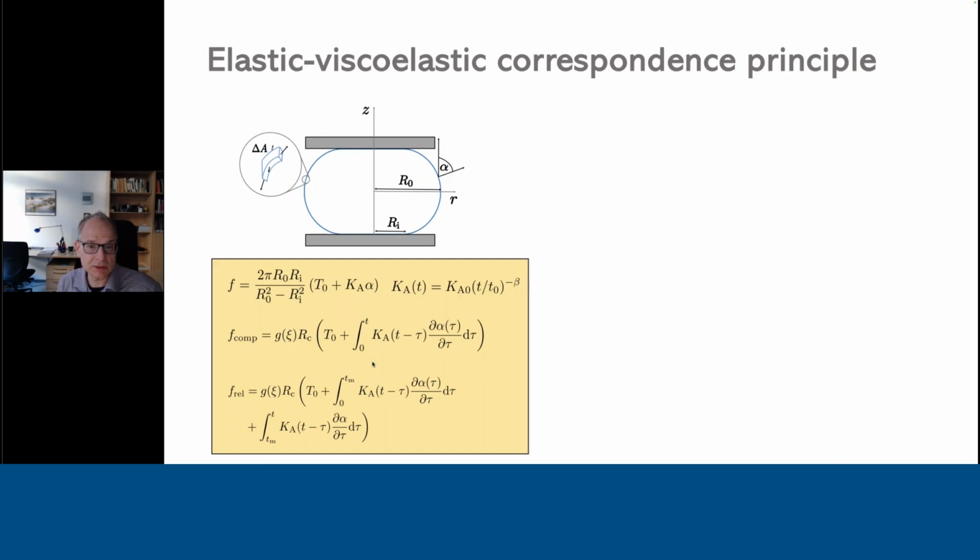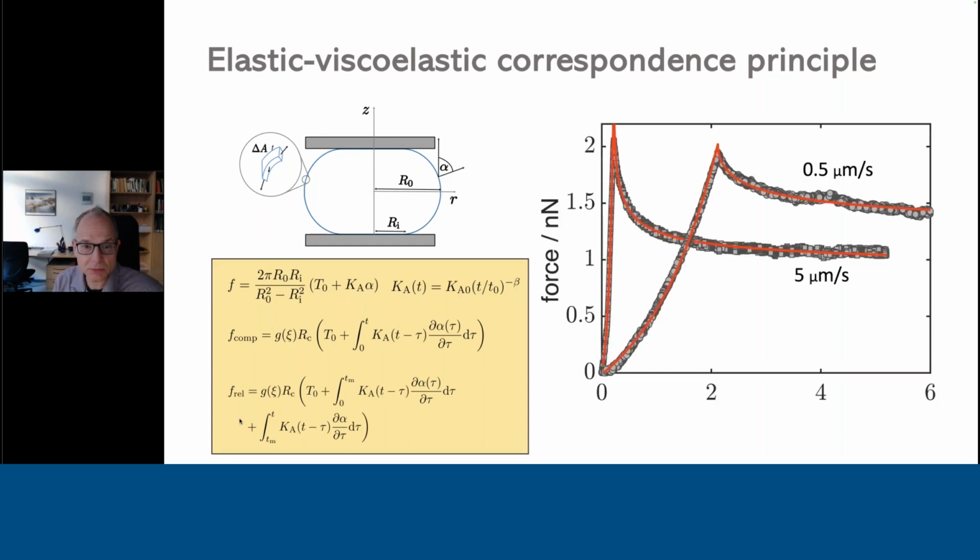For that purpose, we use the elastic-viscoelastic correspondence principle, where you have this memory kernel and the change in the relative area with time. That gives us an equation for the compression and also for the relaxation, by having just different limits of the integral. To cut a long story short, we came up with a model that is easily implementable.